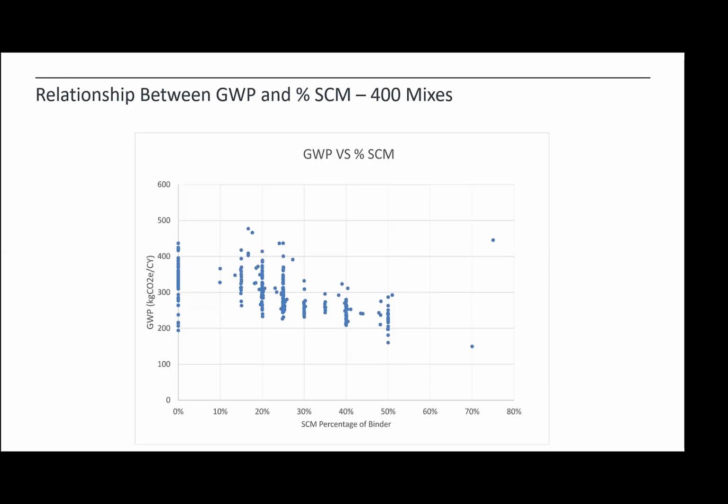But we've been keeping our mixes internally, charting this and looking at this, because a lot of people ask us these questions. And here's a chart of 400 mixes plotted of GWP on the vertical axis versus percent SCM across the bottom. And you see that there's a whole lot of scatter. Some of the mixes on the left that are, quote, 0% SCM are less impactful than 40% SCM.